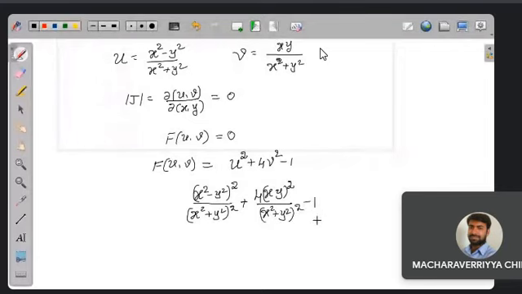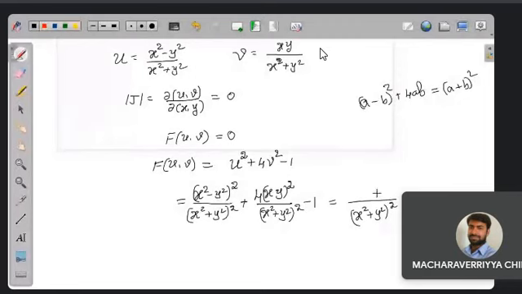Now if you combine this expression, I hope you know a minus b whole square plus 4ab equals a plus b whole square. Since the denominator is common, I can simply write x square plus y square whole square as the same denominator for both. The numerator becomes x square plus y square whole square, minus 1, and this is the same as 1 minus 1, and we got 0.